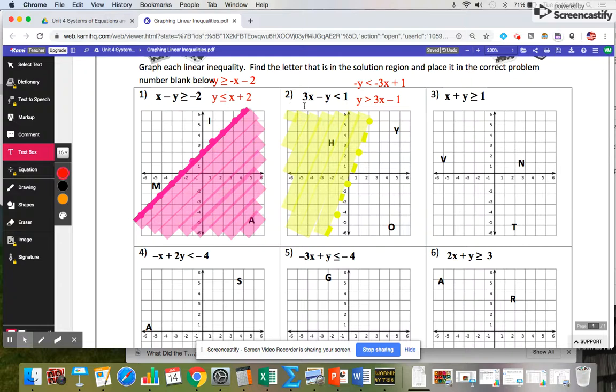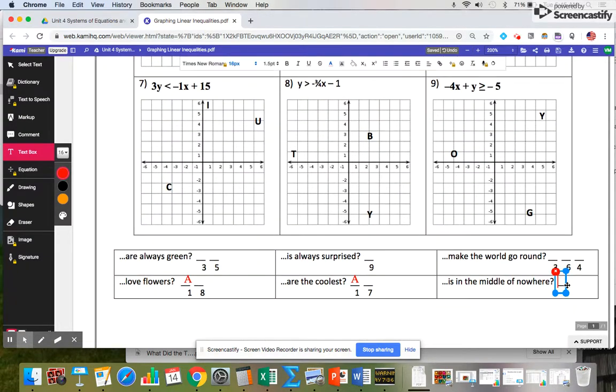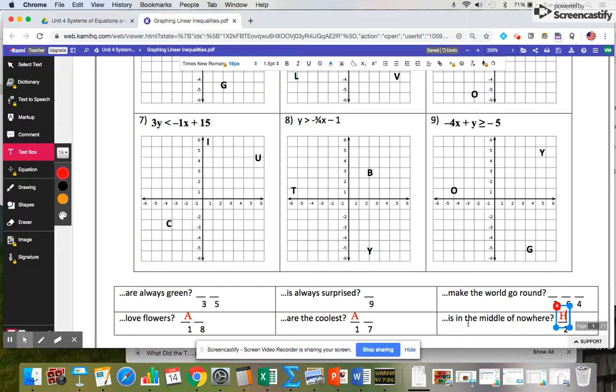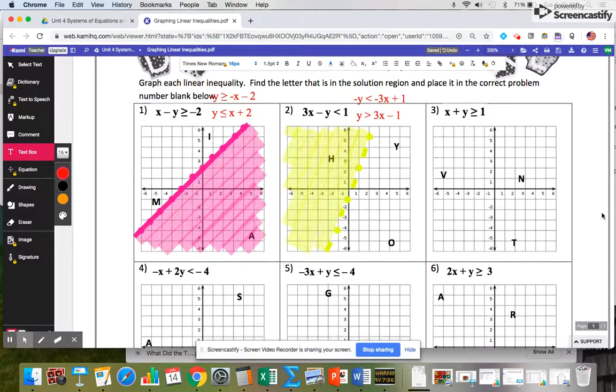Therefore, 2 and H go together. So when I find a 2 down here, this is the letter H. So that's cute. This one says, what letter is in the middle of nowhere? H is in the middle of nowhere. So these are just cute, always corny, of course, riddles.